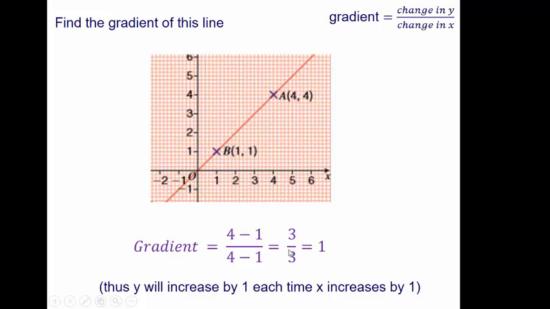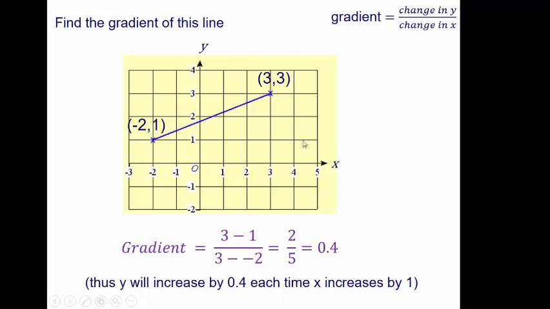So it's 3 over 3. The change in y over the change in x equals 1. So this has got a gradient of 1. That's why it looks 45 degrees. So we can infer from this that y will increase by 1 each time x increases by 1. So the rate of change of y with respect to x is 1. It will move in concert with x.